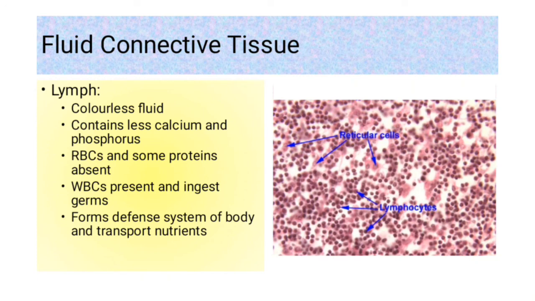The WBCs present in the lymph can reach any part of the body where they are required by amoeboid movement. They ingest germs in the same way as an amoeba ingests food. The lymph forms the defense system of the body and it also transports nutrients.